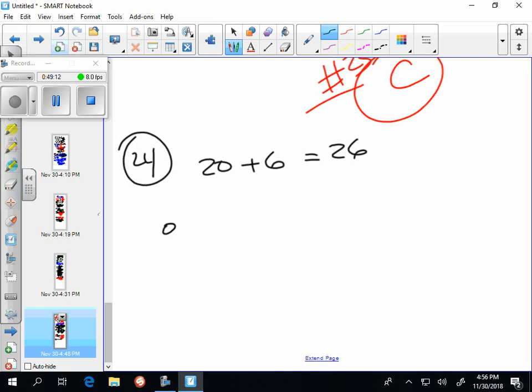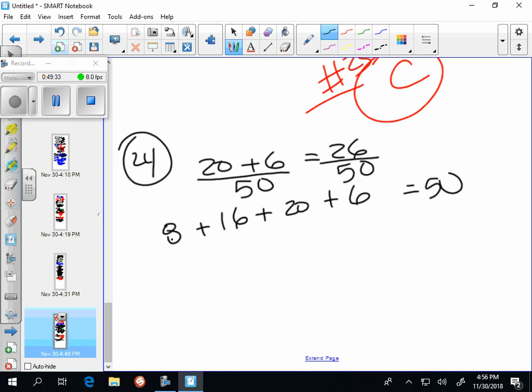Let's see, there were 8 in the first column, and 16 in the second column, and 20 in the third column, and 6 in the fourth column. So we had 26, and 6 is 32, 42, a total of 50. So 26 out of our 50 cars have fuel efficiency standards of at least 25 miles per gallon. This reduces to 13 over 25, which is choice H.